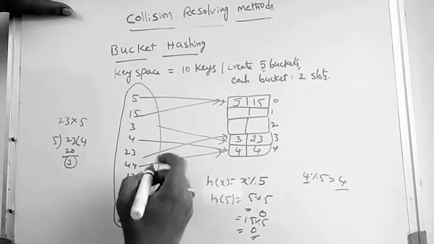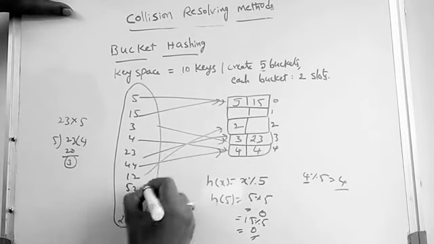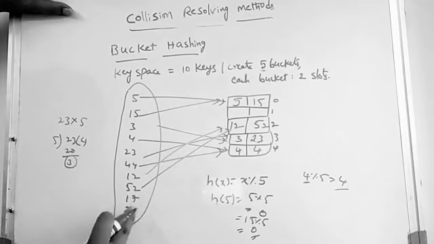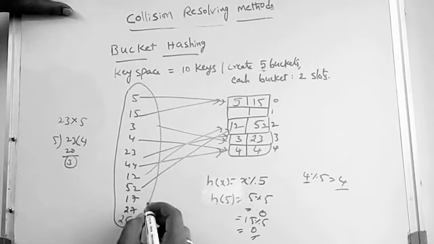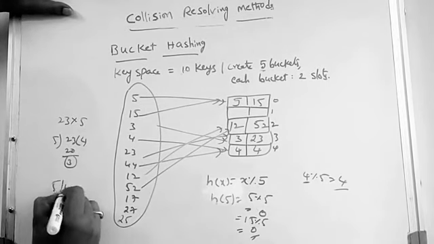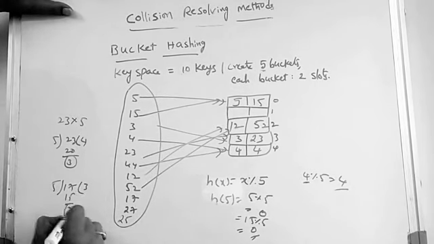next 12 is stored here, next 52 is stored here. Next 17, where is 17 stored? What is the remainder of 17? 5 threes are 15, remainder is 2. Index 2 is already full.